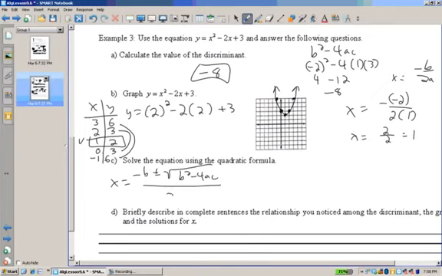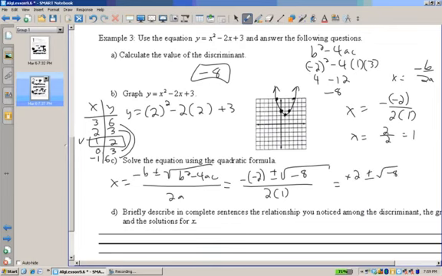And so, b is negative 2. Opposite of negative 2 plus or minus the square root of, well, we know that the discriminant is b squared minus 4ac. We worked that out and had negative 8, so let's just go ahead and put the negative 8 in there. 2 times a, so that's 2 times 1. Opposite of negative 2 is positive 2, plus or minus the square root of negative 8 over 2.